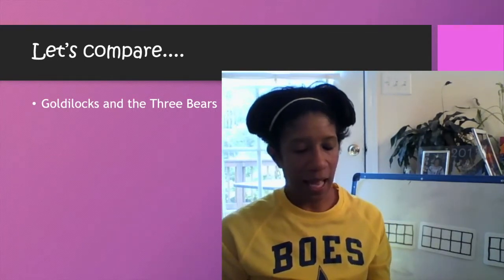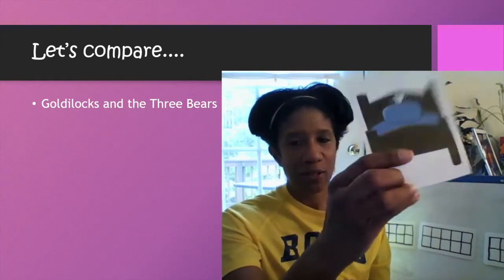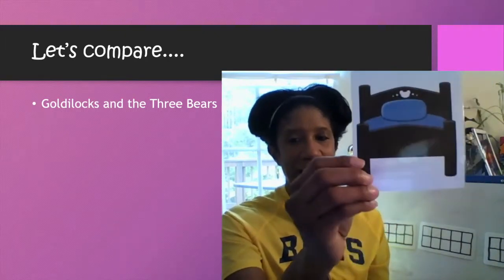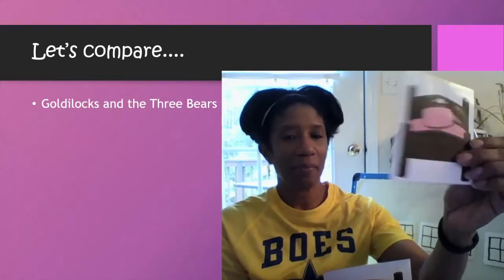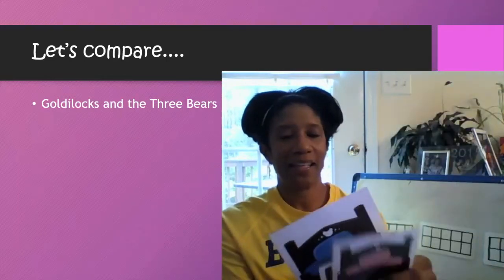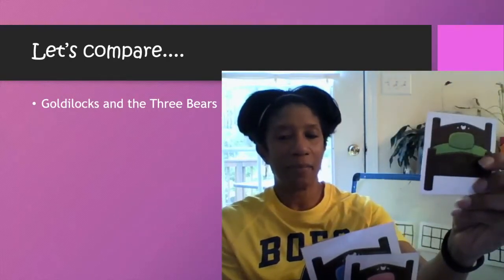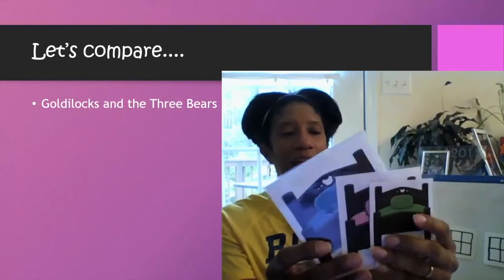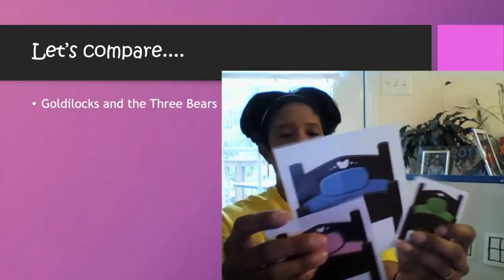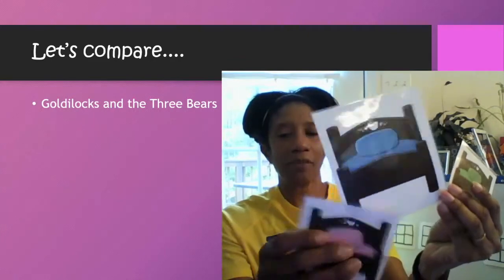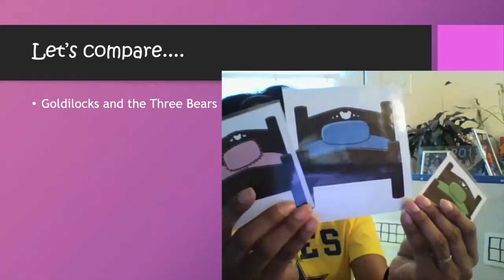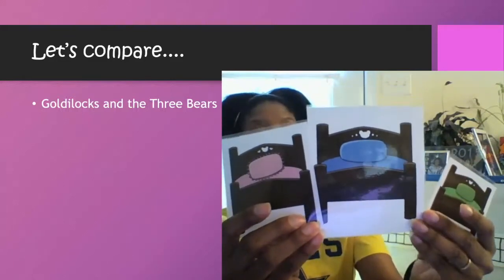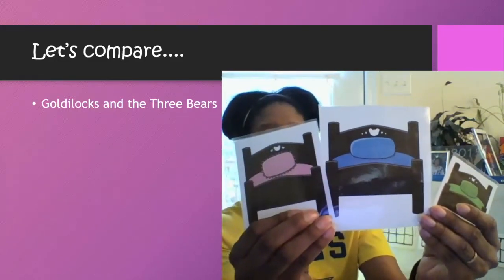So let's see. Whose bed is that? That's right, it's Papa Bear's bed. I have Mama Bear's bed and Baby Bear's bed. Now, if I'm looking at their beds and I'm saying we have to put them in order this time from least, or from smallest to biggest, which one would I put first?